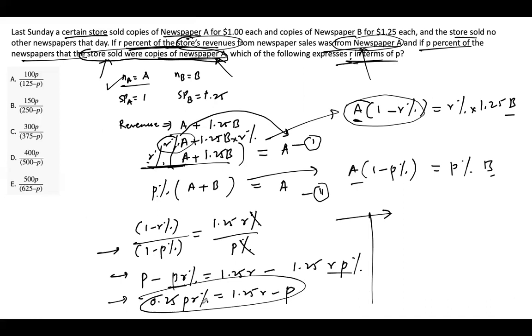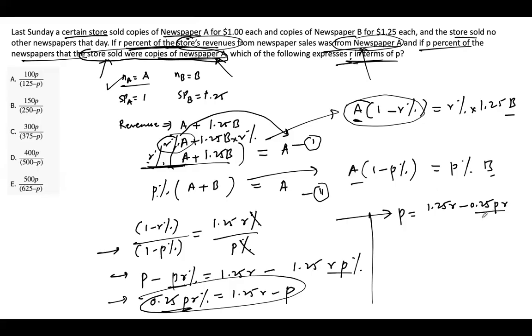Either you take R to one side and P to one side. So how would we separate the PR percent? Let's say if you're taking P to the left and this value to the right. You have 1.25 R minus 0.25 P R%.